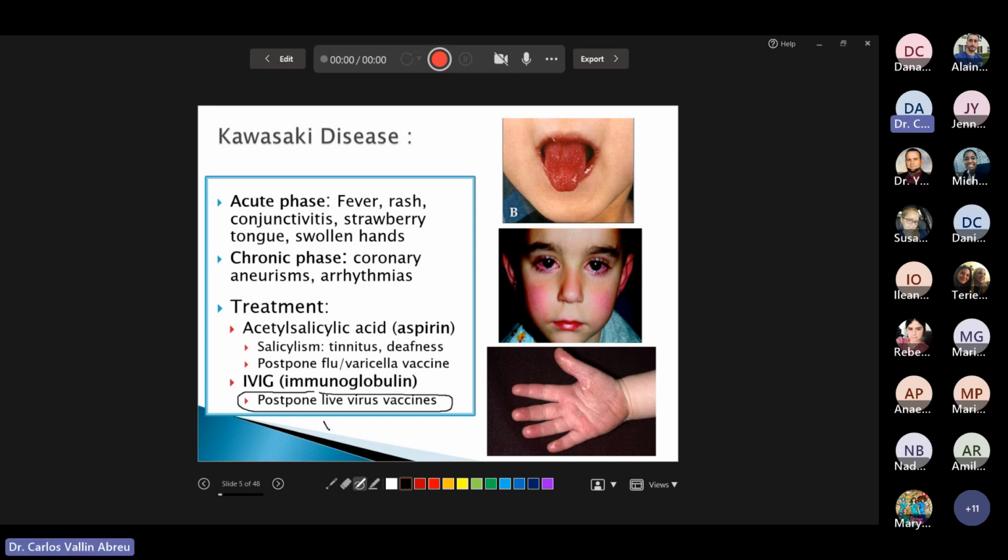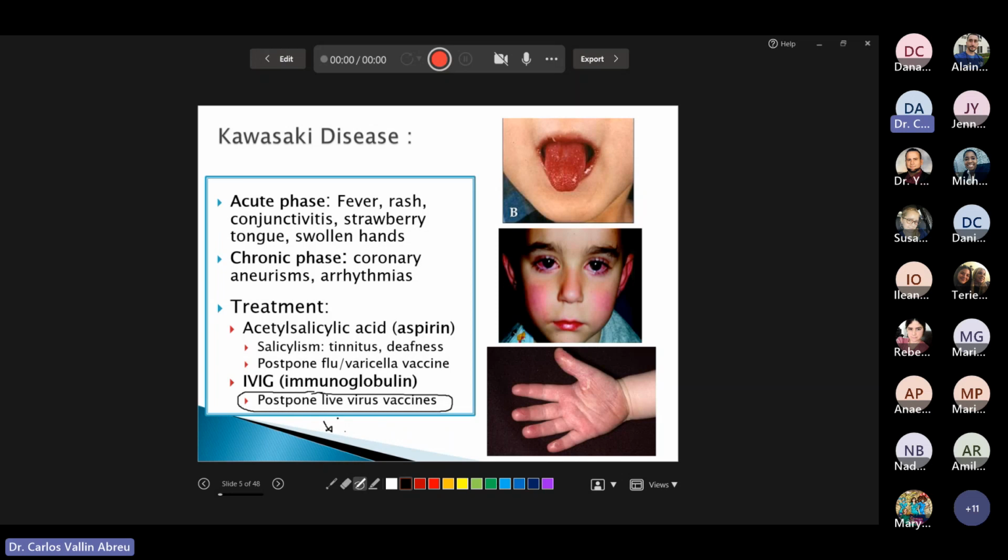When we inject immune globulins into a person, this immune globulin will stay active in the body for several months, and this is a form of passive immunity that is injected.